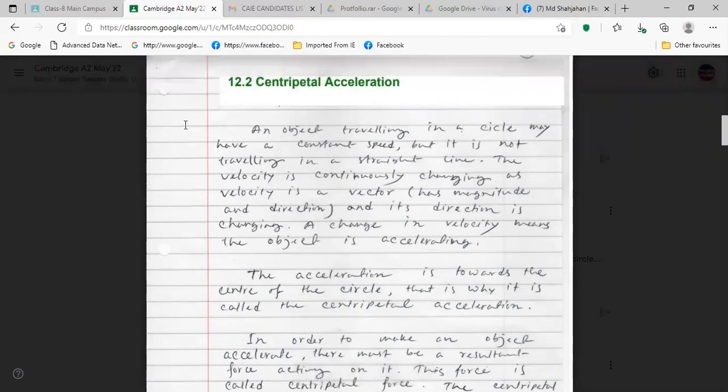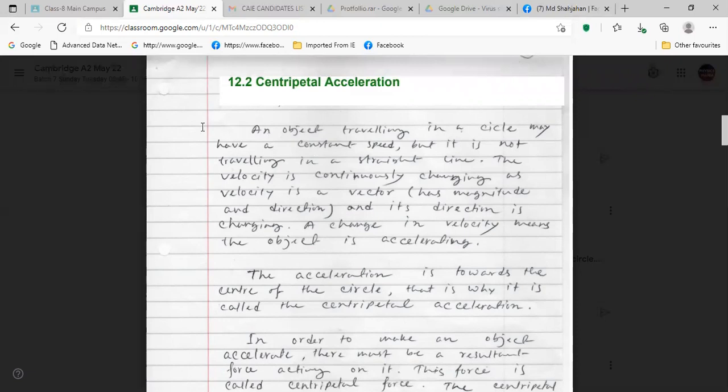Loudly, please. An object traveling. Are you seeing the screen? Centripetal acceleration. Yes, sir.